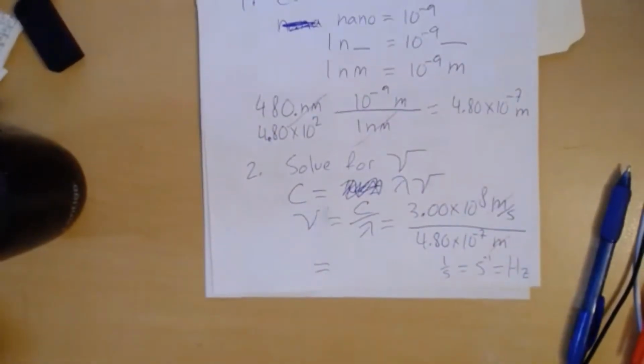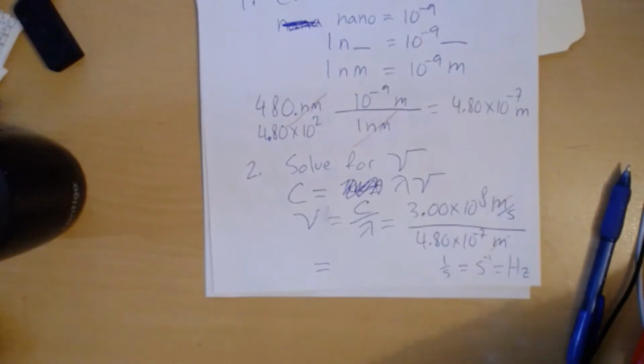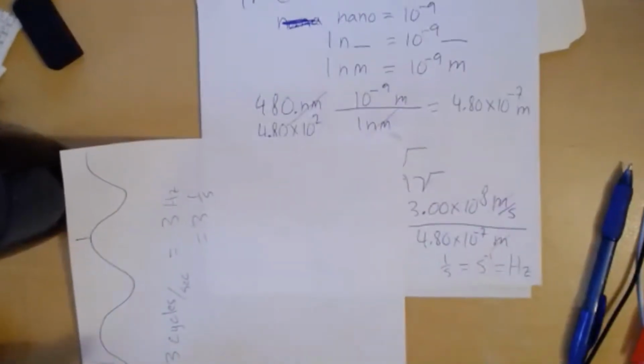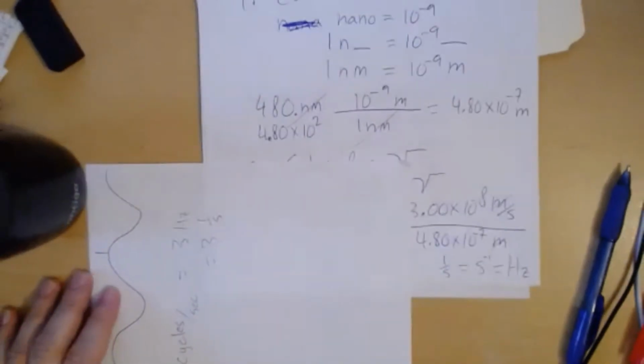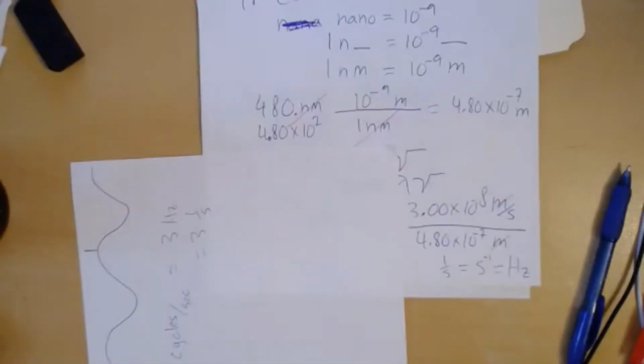Maybe I should use something that's at the same field. Isn't it 10 to the 1? I got 6.25 times 10 to the 14th. Okay, so yeah, the 14th answer sounds correct.